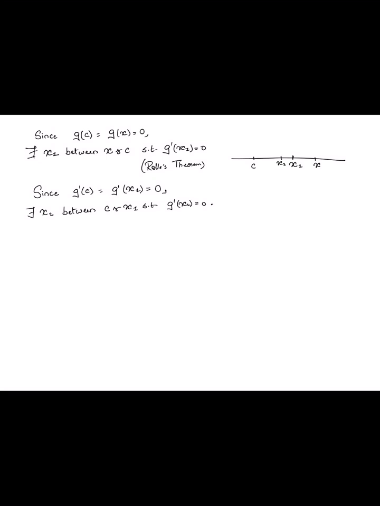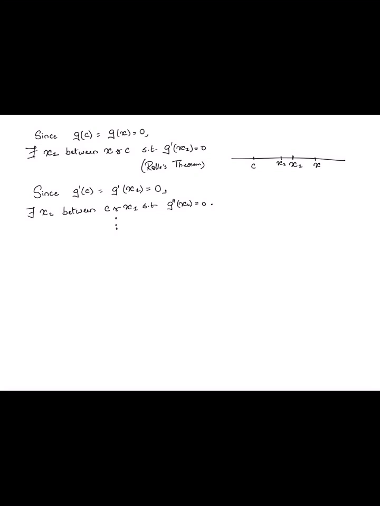Okay, now you can imagine where this is going. Since the second derivative of g at c and the second derivative of g at x2 are 0, there exists an x3 between these 2 points where in fact the third derivative would be 0, right, and so on.